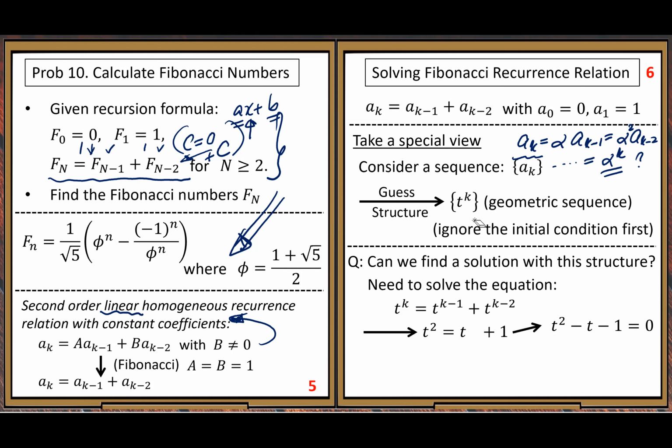With the quadratic formula, we get two solutions. t1 equals 1 plus root 5 over 2, and t2 equals 1 minus root 5 over 2. Two solutions for the quadratic equation.